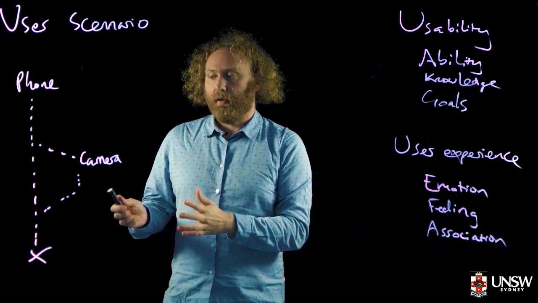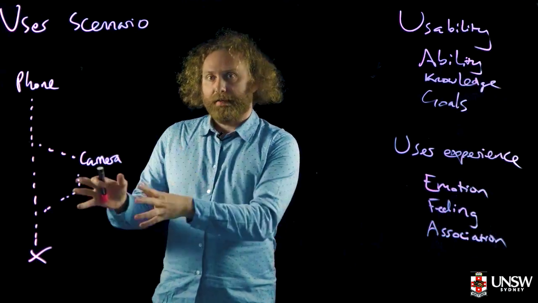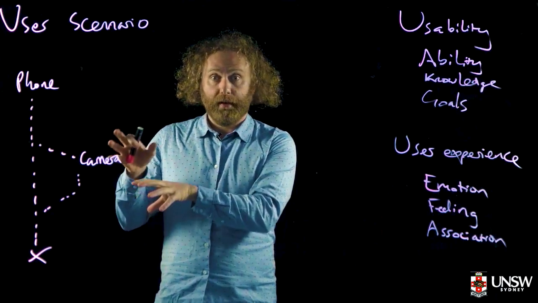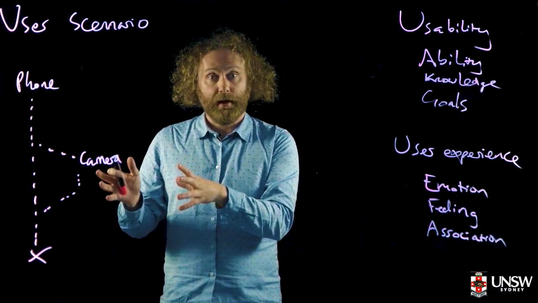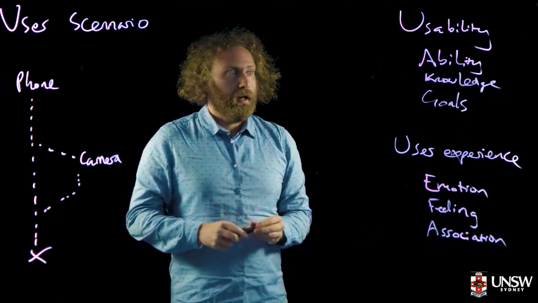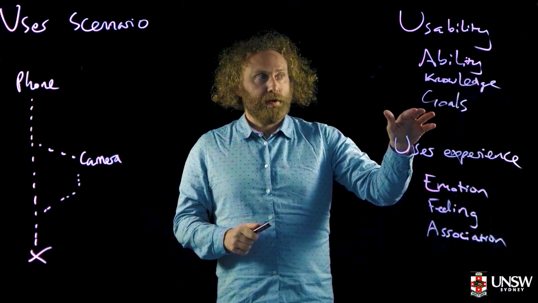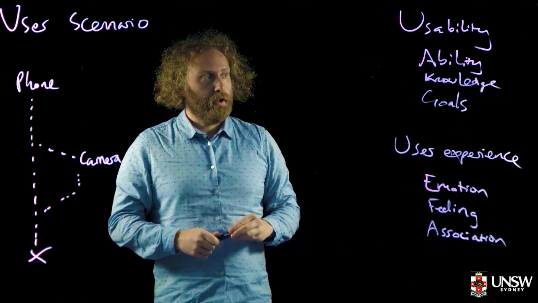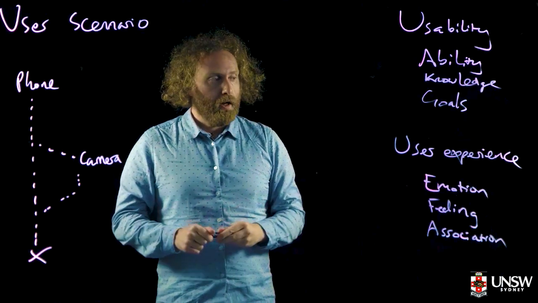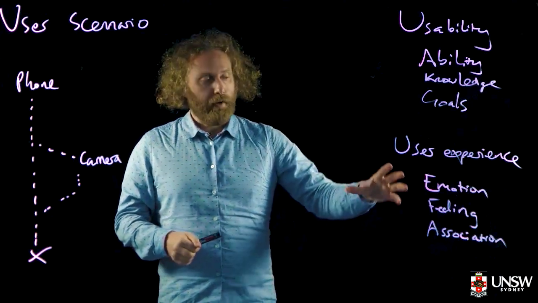So we can think about a task here. We can think about the person setting out to achieve this task and what it is that's required for them to be able to do that. Take a photo whilst on the phone. We can think about that in terms of goals, and then we can start to look at the knowledge required and the interface that's required to make that possible. But we can also think more broadly.